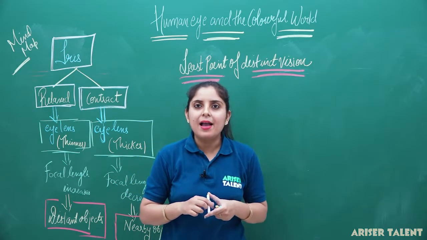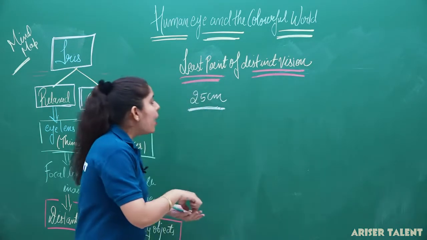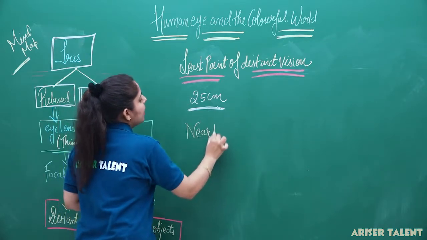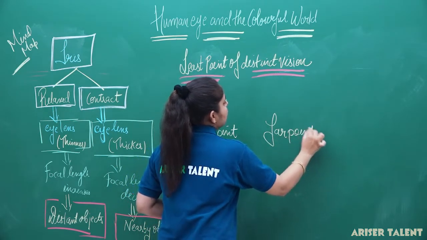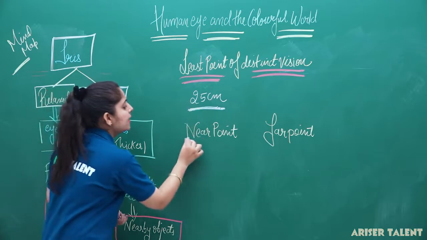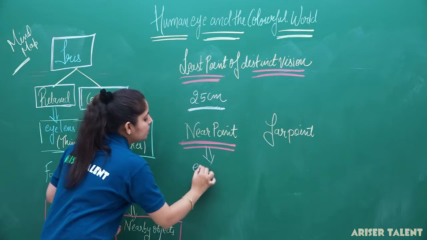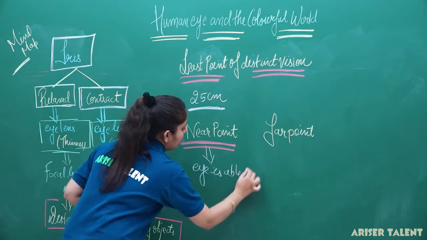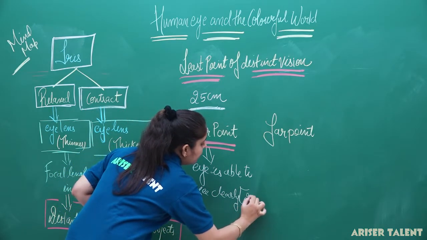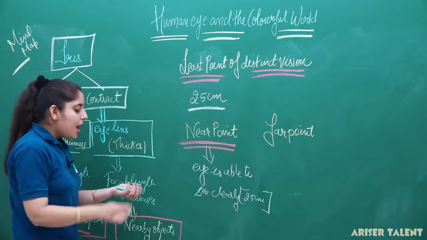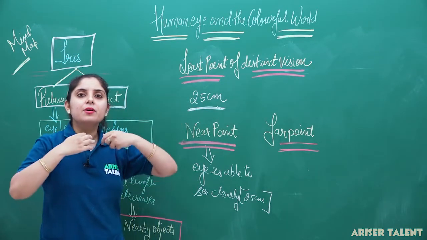So this will be the near point for the eye, and the point at which it can see far objects is known as infinity. So you have 2 points, the near point and the far point. These are the 2 points we have for the eye. The near point, up to which the eye is able to see clearly, is 25 centimeters, and the far point is the point up to which you can see at infinity.